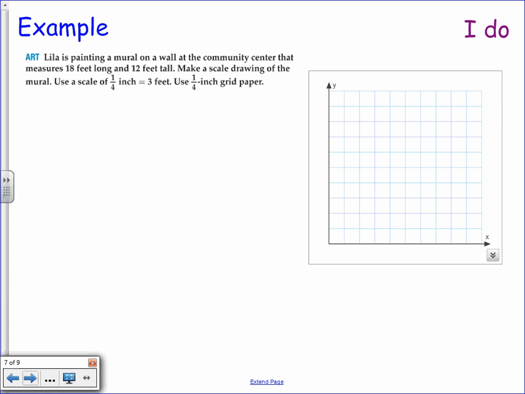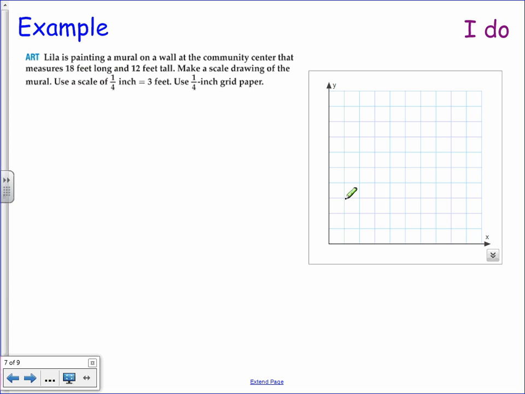All right, now, you're going to need graph paper for this one. It says to use a 1/4 inch grid paper, but if you just want to use your graph paper, each square will count as, let's say, a 1/4 inch.